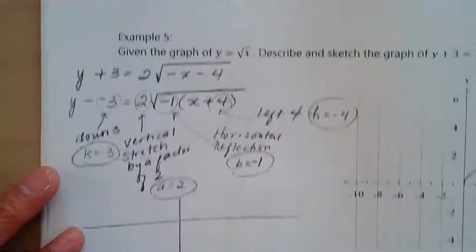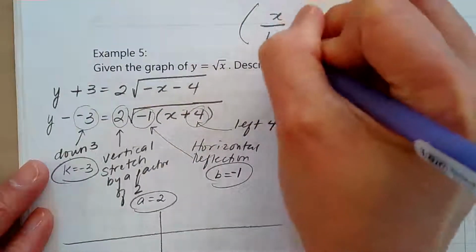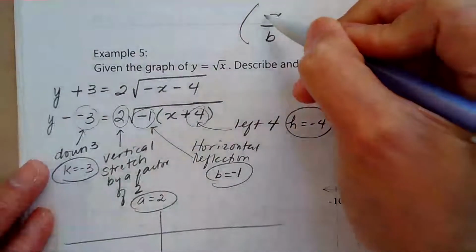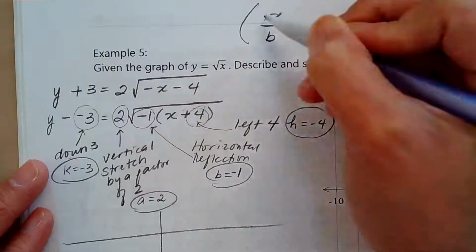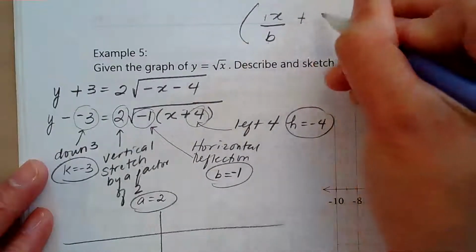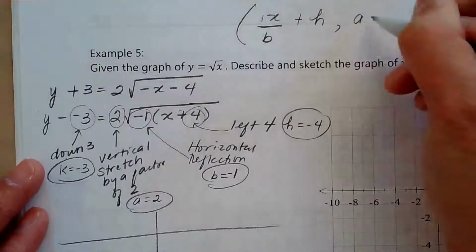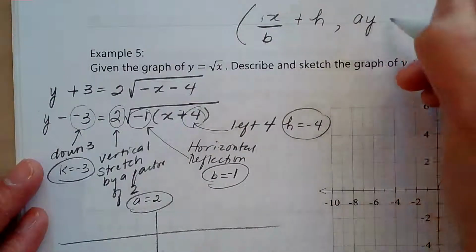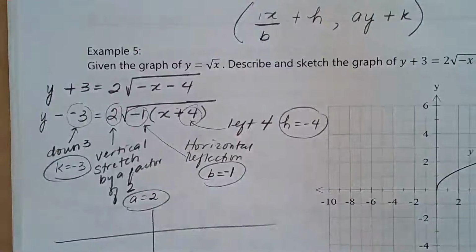Okay, so what's the form again? X divided by B, because the factor is 1 over B, right? Whatever the B is, the factor is 1 over B, so it's 1 over B times x plus h, horizontal, a times y plus k. So that's a general transformation.